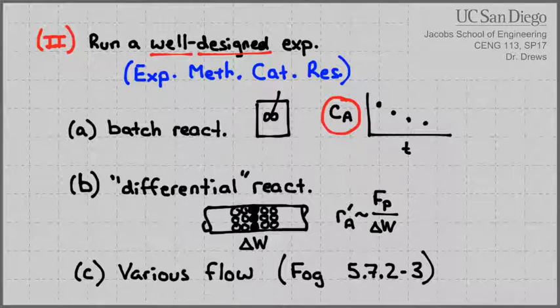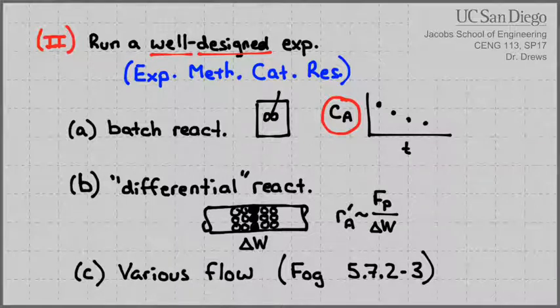There's all kinds of things like special CSTRs that are designed for mixing up solid catalysts or something like that, or fluidized beds, which keep the catalyst moving around in the fluid, things with recycle, things with different kinds of heat exchangers, all of which are generally designed for a particular application. These two, the batch and the differential, are the ones that are kind of generic. You can do a lot of different rate analysis with those two reactors.